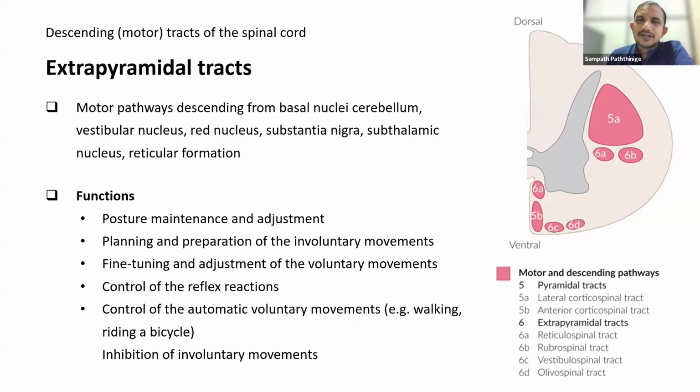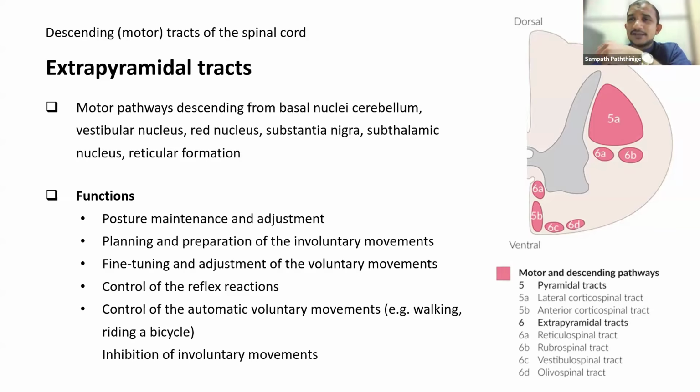I'll just mention it. So these are basically for the involuntary kind of movements and also the regulation of voluntary movements, maintaining the balance, the posture, right? And there are some activities that we can do without thinking.